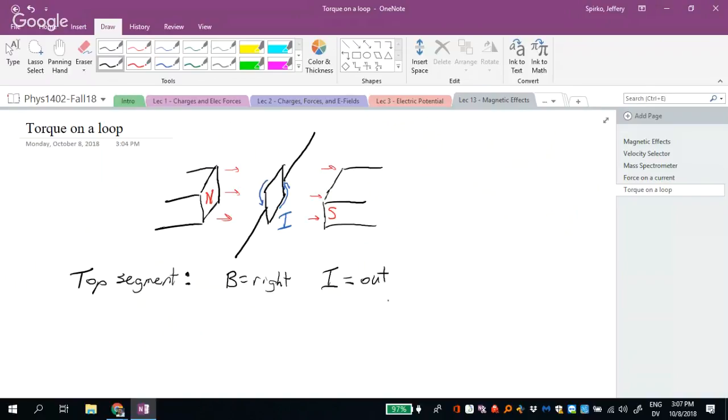B is to the right. That makes my thumb point up. It also gives me a wrist cramp. So this is F sub B equals up. Current is positive. Yeah, you draw the current in the direction of flow of positive charges. Yes. Front segment.